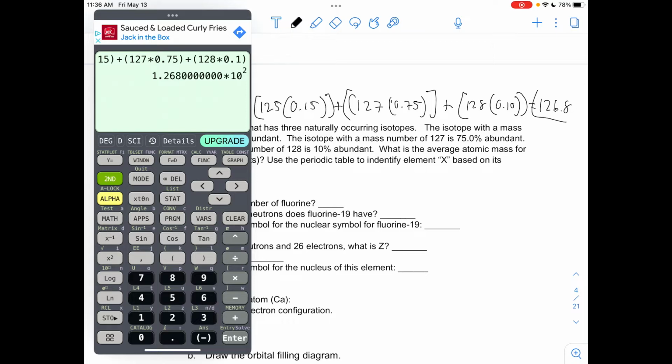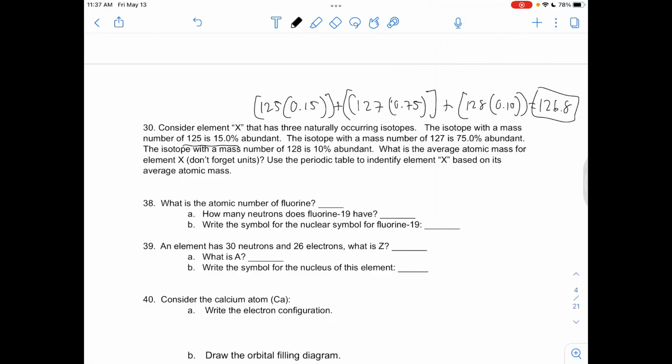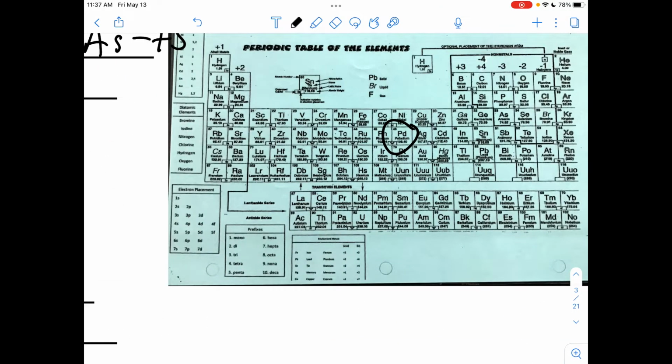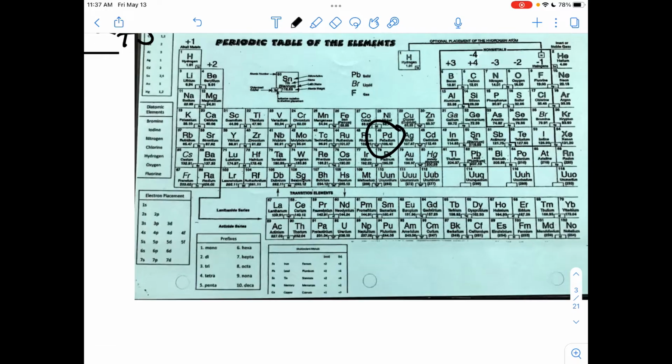Okay, 126.8 is my atomic mass. So if I look on the periodic table, what is 126.8? Probably tellurium. Yeah, probably tellurium. Oh, 126. Actually, sorry, it's probably iodine.